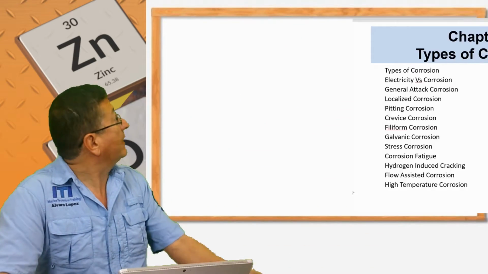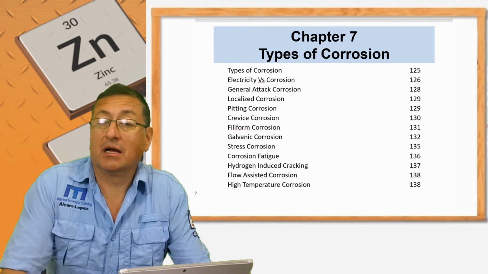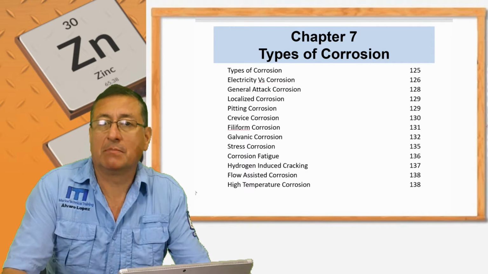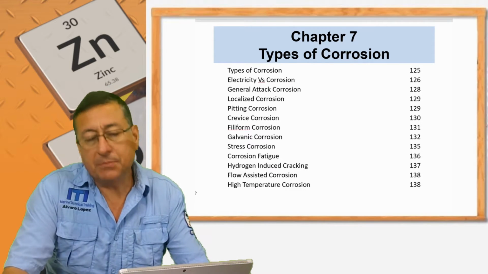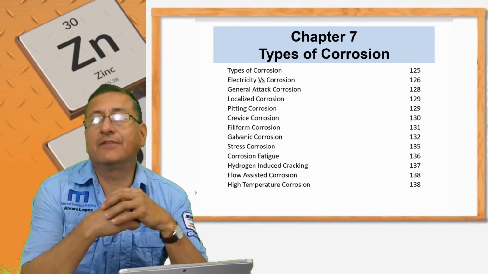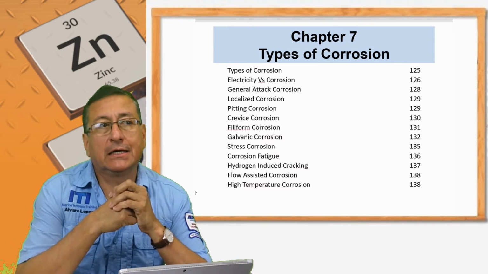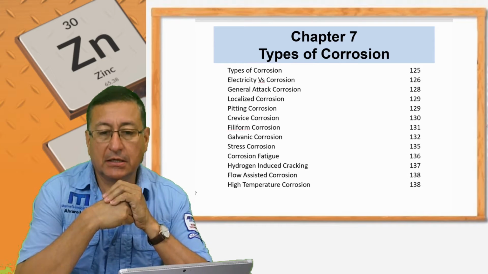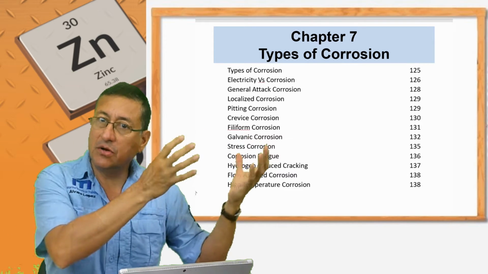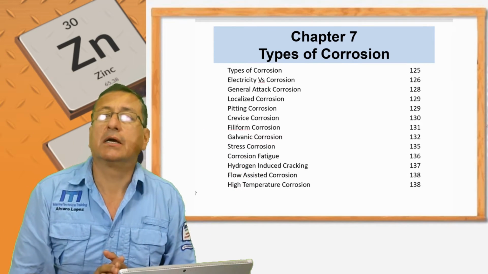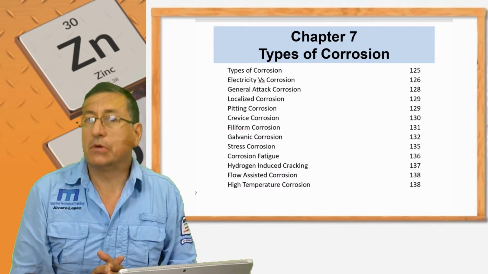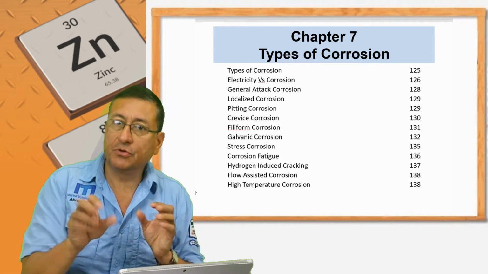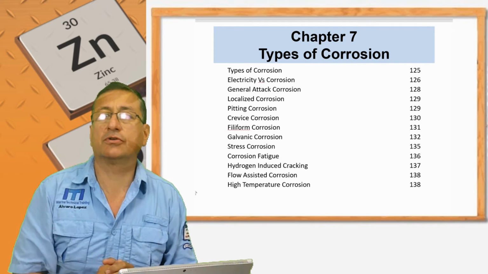This is chapter 7 of our book on corrosion systems, marine corrosion systems. In this chapter we are going to analyze the different types of corrosion. This is, in my opinion, a summary of all the theory learned until today about why corrosion is produced and the factors that affect it.